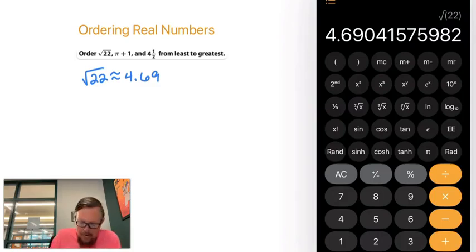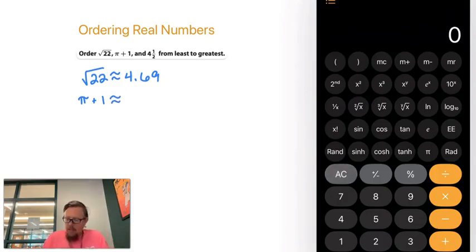Okay, next we're going to do pi plus 1. This is going to be an irrational number, so I'm also going to have to round this one. If you're using a different calculator, say a TI graphing calculator, it also has a pi button. But if you don't have a pi button, it's okay to use 3.1415 as an estimate for pi.